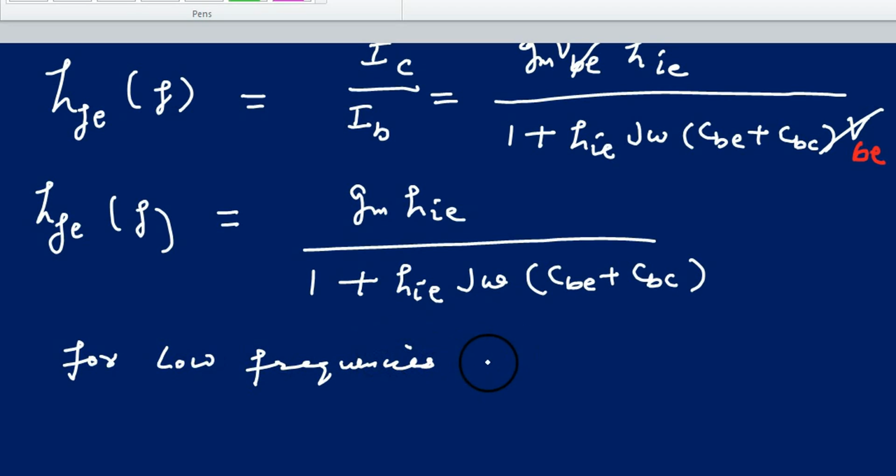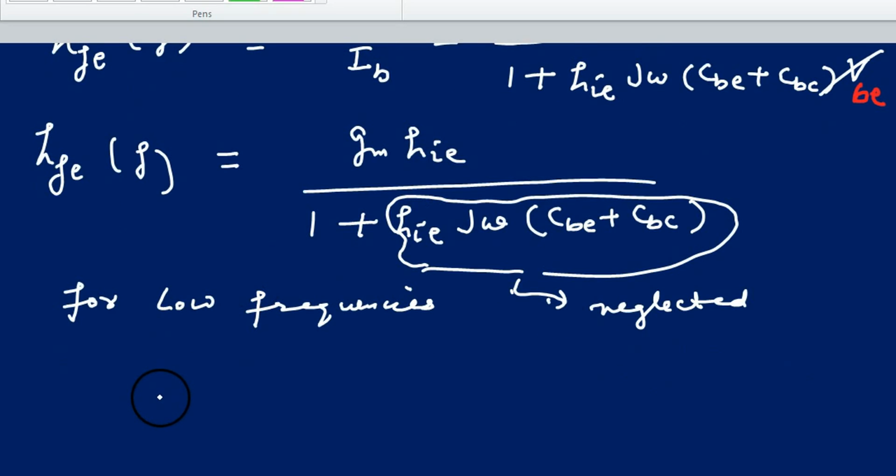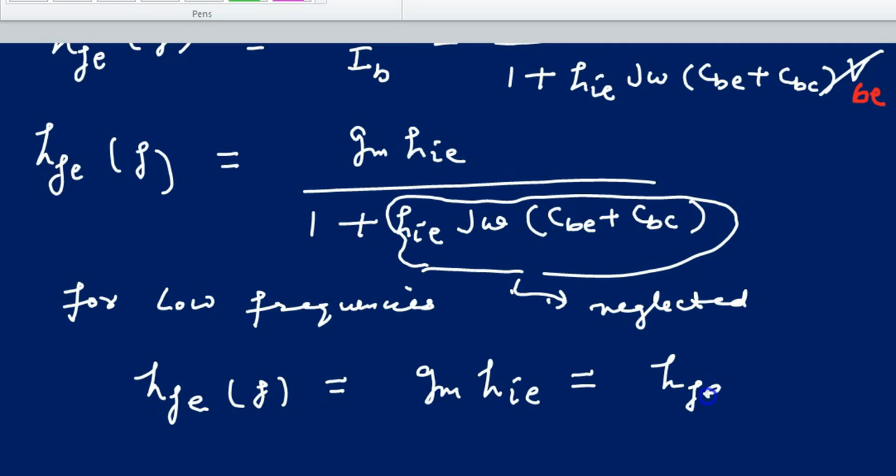At low frequency, you know what happened? This term is neglected, as omega is very, very less. And then HFE is called HFEO. GM into HIE is called HFEO. O means for the low frequencies.